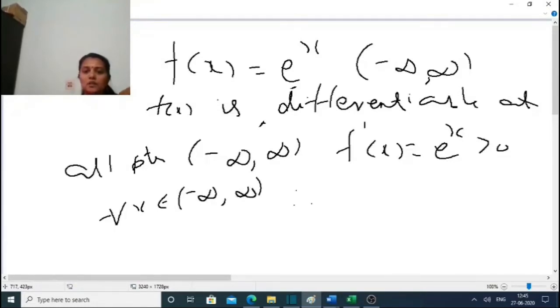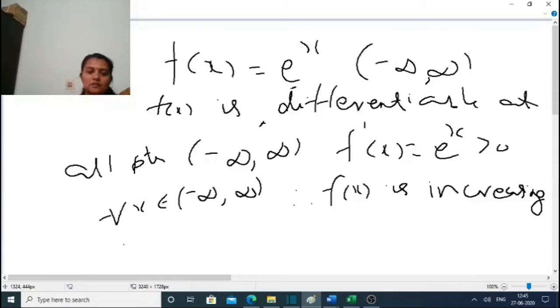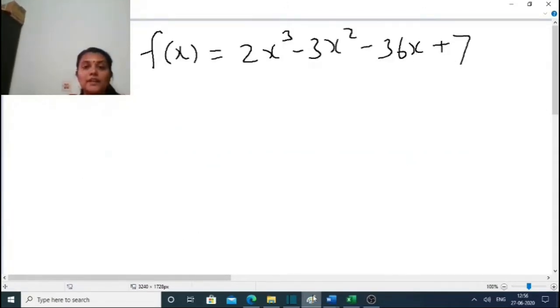Therefore f of x is increasing in minus infinity to infinity.